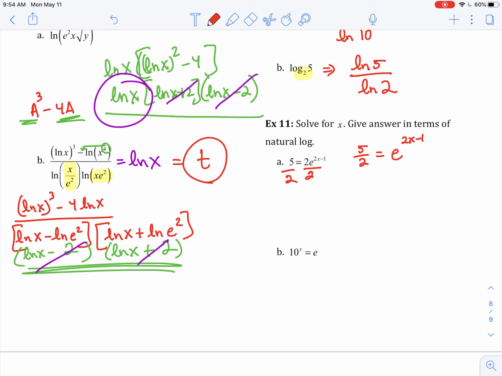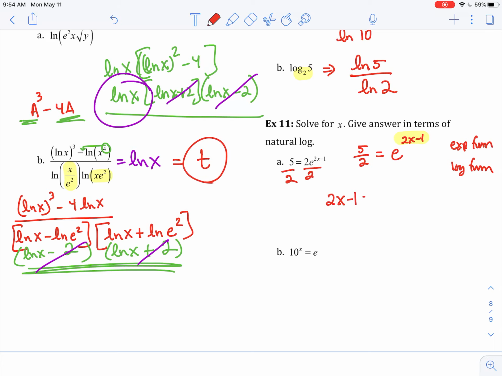And recall, we are looking here at an exponential form, so we can switch this to a log form. And in our log form, recall that logs are equal to exponents, and the exponent on our exponential form was the 2x minus 1.